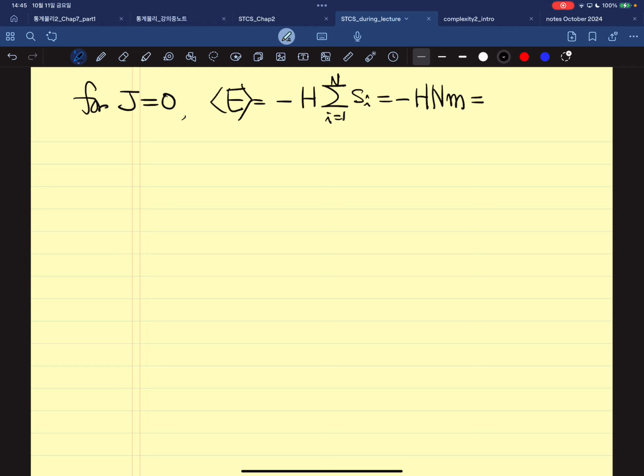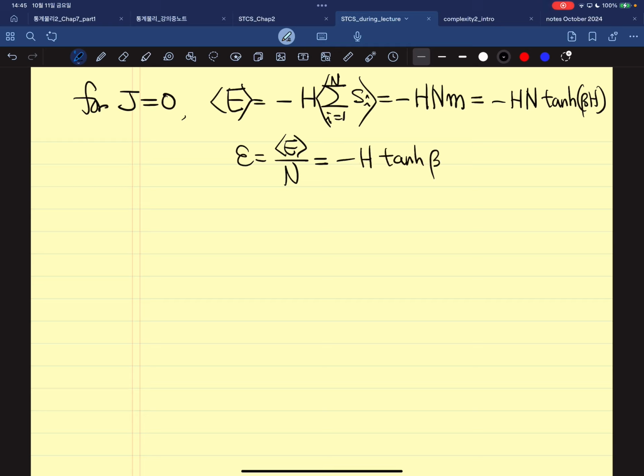So the average energy would be something like this, and this one becomes this, and this is minus h n hyperbolic tangent beta h. So the epsilon, or the average energy per spin, is negative h hyperbolic tangent beta h. This is really simple.